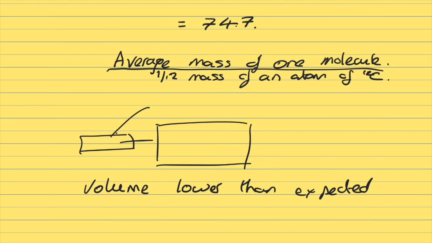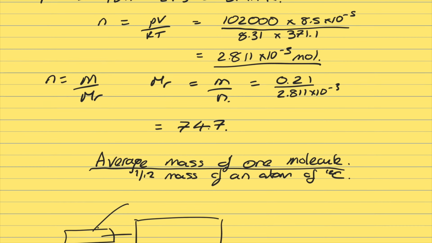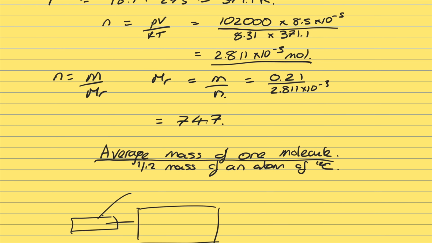Right, but with the same mass recorded, which ultimately is going to have what effect on the MR? So where is our volume? Our volume is up here in the equation.